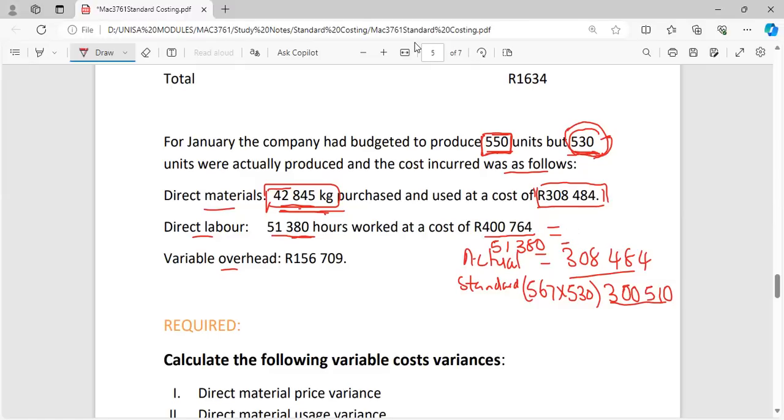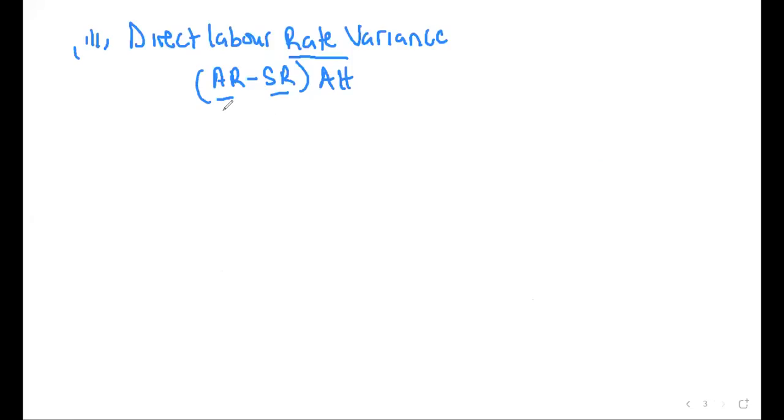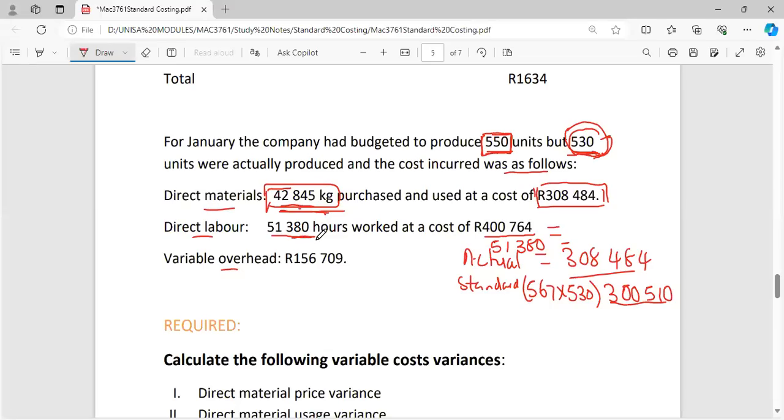So we can go and fill in our question. It's going to be the actual rate, 7 Rand 80, minus the standard. Standard is 8. Times how many hours, the actual hours, 51,380. These are the actual hours.